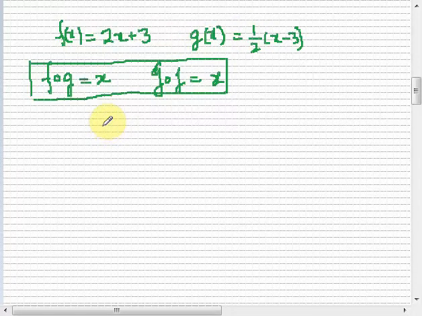What is the meaning? Why are these inverse? If you see fx, what we have done is multiplied by 2 and added 3.